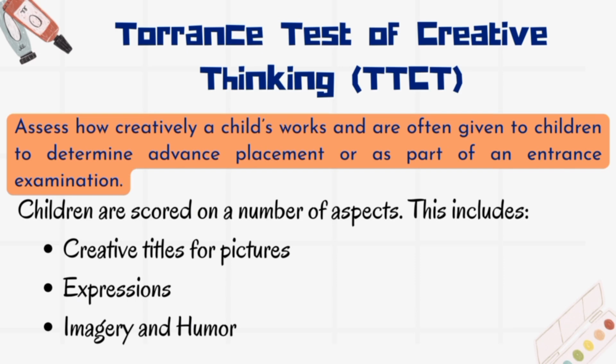It was developed by Dr. Ellis Paul Torrance, who believed that creativity is just as important as intelligence, specifically in learning and problem solving. TTCT assesses how creative a child's work is, and is often given to children to determine advanced placement or as part of an entrance examination. Children are scored on a number of aspects.